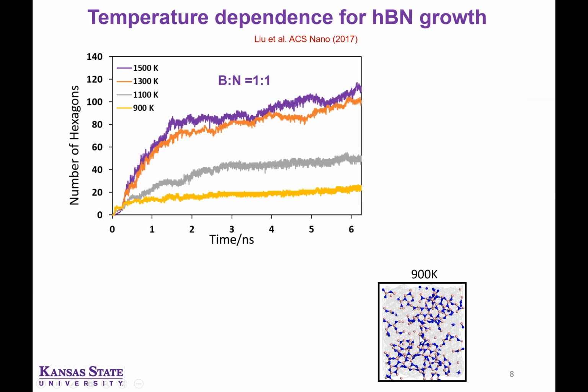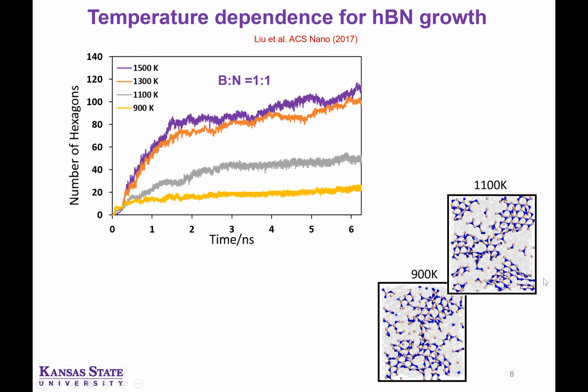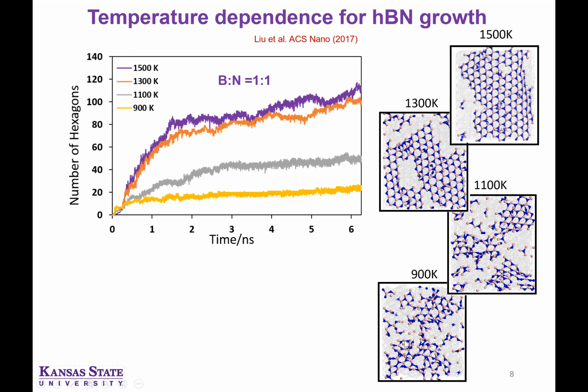At 900 Kelvin, we start seeing a number of hexagons, but they are mostly disordered and fragmented. As we increase the temperature, you start to see the number of hexagons increase, and correspondingly, we see a larger hBN network. At 1300 and 1500 Kelvin, we really start to see the continuous hBN network.